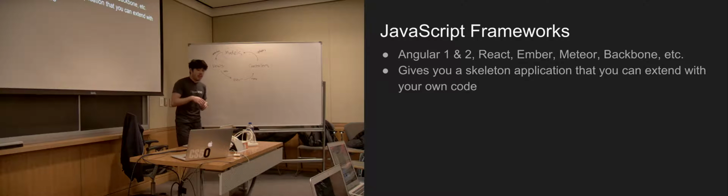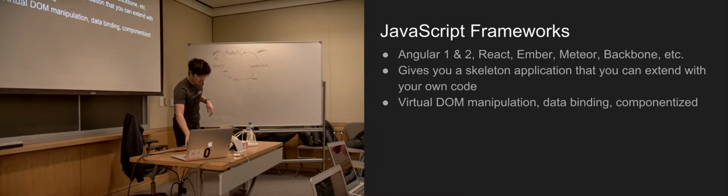And what it does, it gives you a skeleton application that you can then extend with your own code. And so the difference between a framework and library, again, is that frameworks have a flow of the application already, and will call your code as it goes through. So libraries, you call their code. Frameworks, it calls your code.